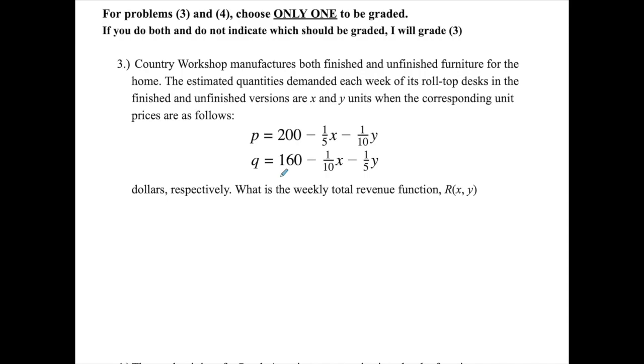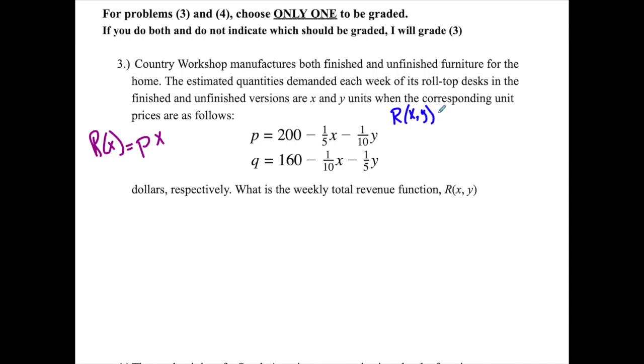What we need to do here is find the total revenue function. When you had a single variable, you would take the price and multiply by the number that you sold. Here it's a similar idea, except now there are two variables.